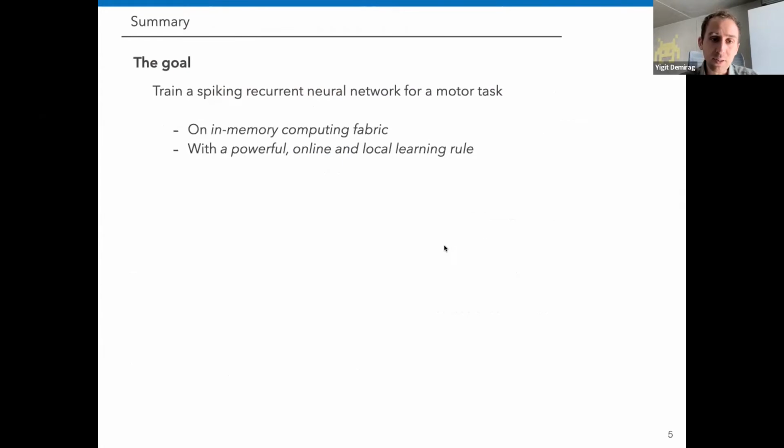So the goal in this work is to train a spiking recurrent neural network to do a motor task, but we would like to use an in-memory computing fabric. Our hardware will be doing in-memory computation, but in order to also do the training, we would like to have a powerful online and local learning rule.